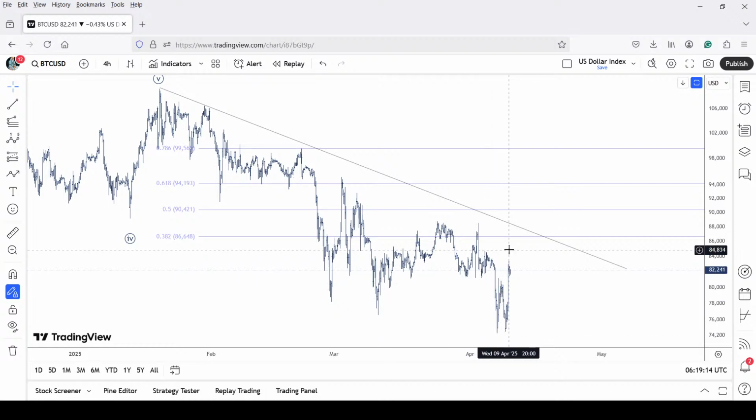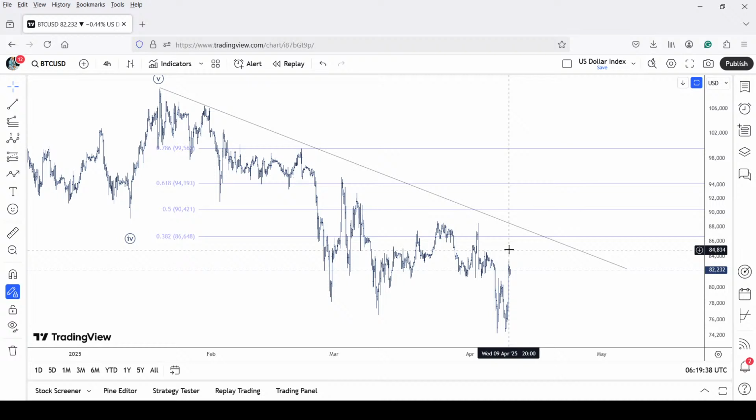So if it is unfolding as a 3 wave structure, it could be that possible wave 5 is still not complete, and it might want to complete as an ending diagonal. The ending diagonals are a five-wave structure, each wave subdividing into three waves.